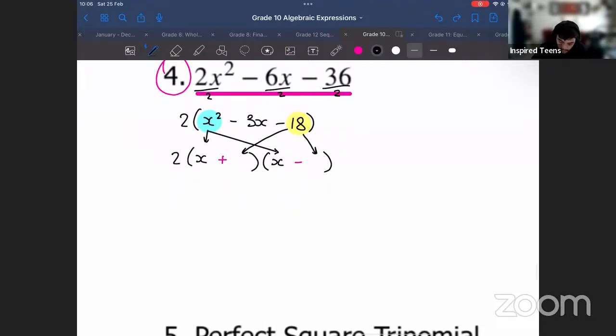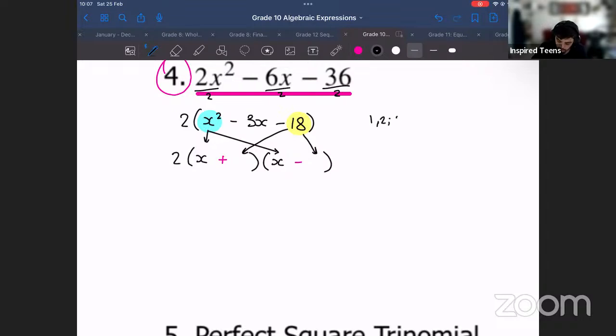So when our coefficient of x squared is just 1, we need to consider the factors of 18. We need to consider two factors where we can potentially get a 3 or negative 3 by adding or subtracting them. So if I think of the factors of 18, I think 1 and 18, I think 2 and 9, and 3 and 6.